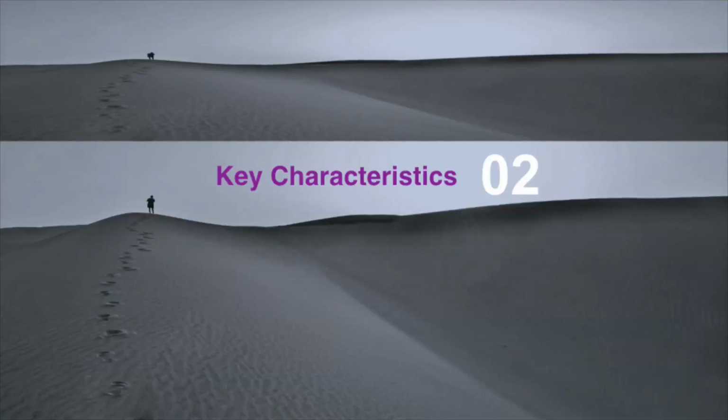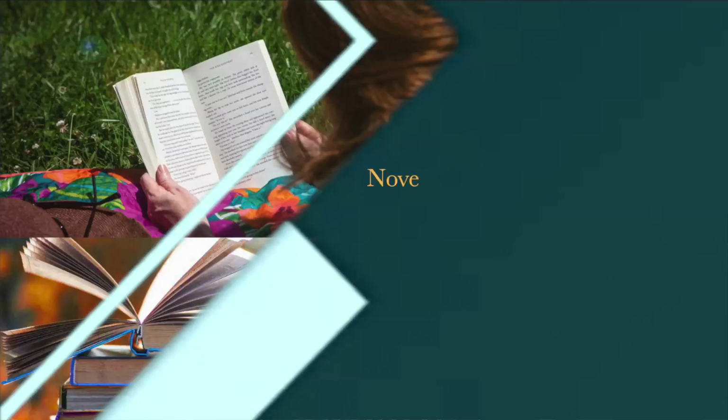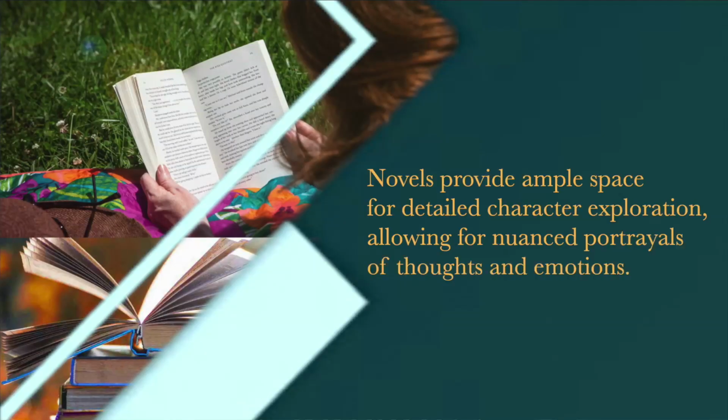So what are the key characteristics of a novel? Novels provide ample scope for character exploration, development, complex, nuanced representation. So when you come across a story, for instance, in a story we get a character, we know only one aspect of a character.